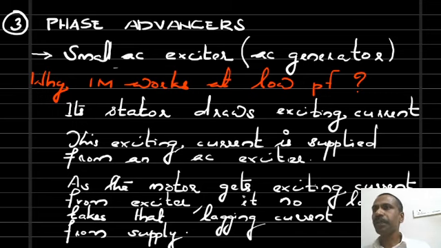Now this exciter will give the lagging current. So the generator takes only the active component of the current from the supply lines, because the phase advancer is ready to supply that lagging current.